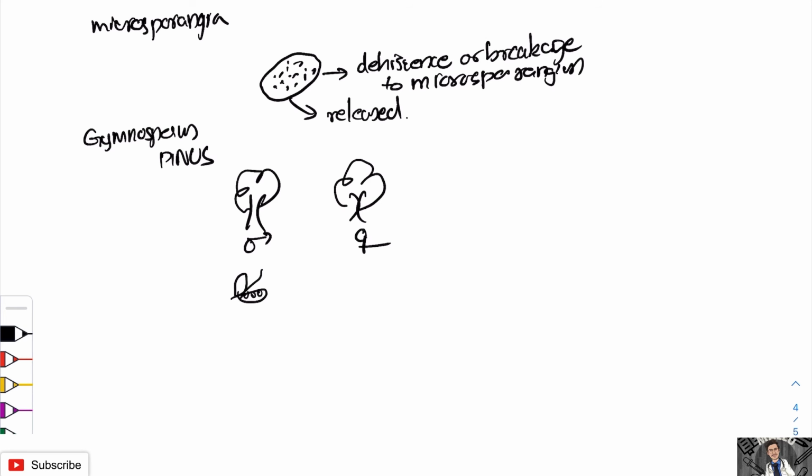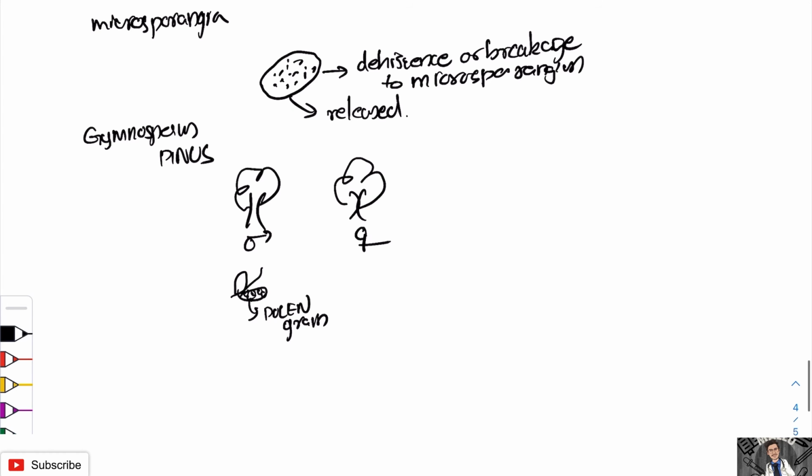And within the microsporangia we have the male gametophyte, which is the pollen grain developing. So once there is dehiscence or breakage to this microsporangium, a vast number of thousands of pollen grains are released.